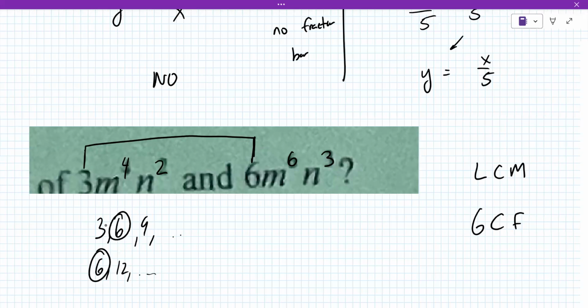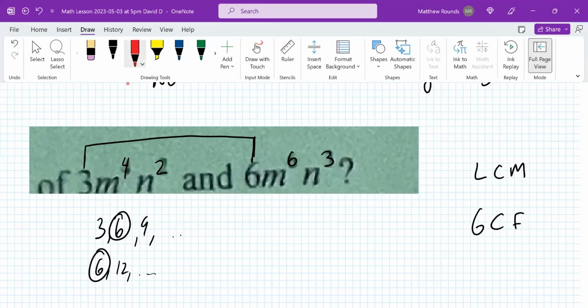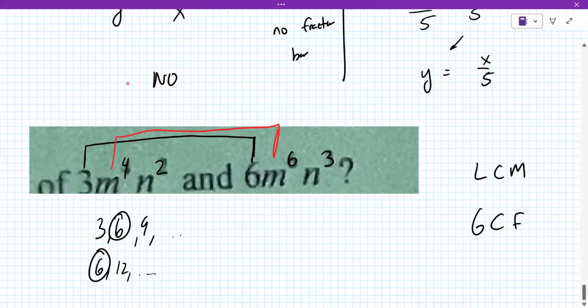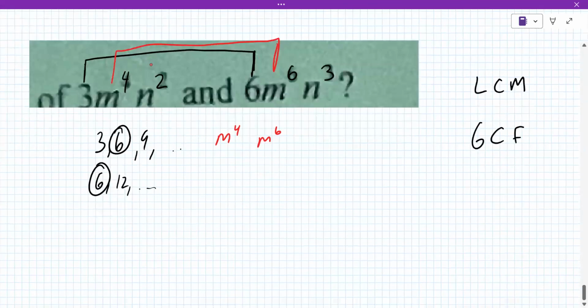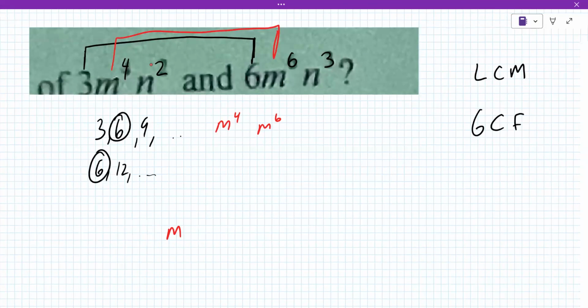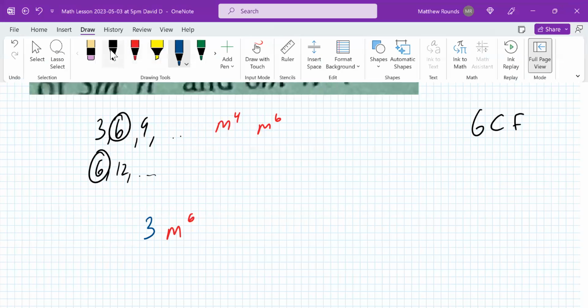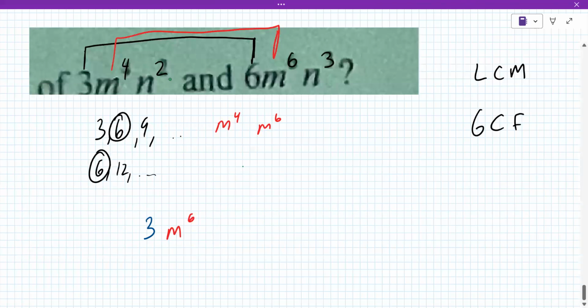Okay, so that takes care of the number. Now with the letters, you want the bigger exponent. So you want the bigger exponent this time, m to the 6th. You don't want the least common multiple of the variables. But we're gonna do the n now as well.